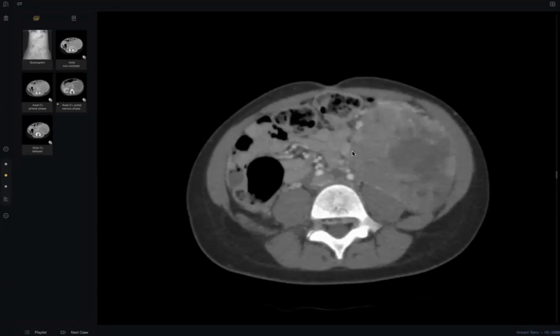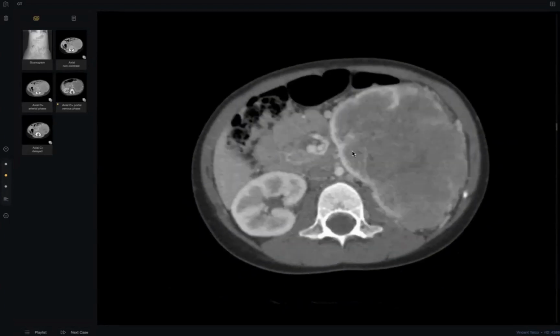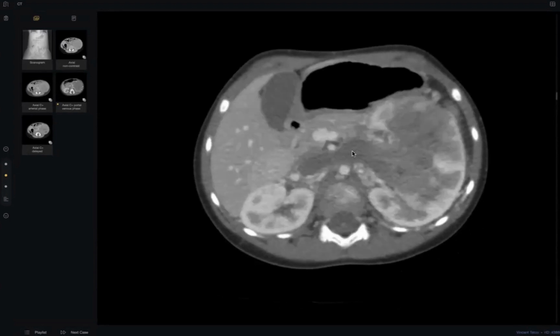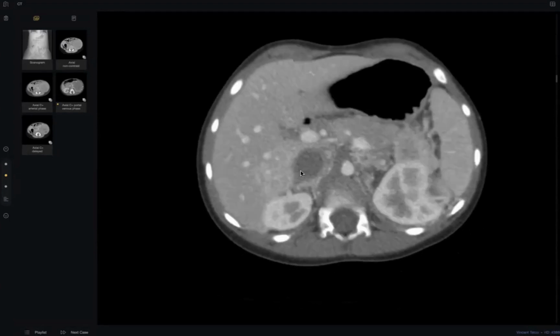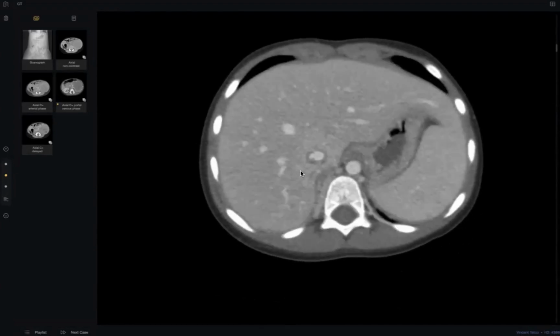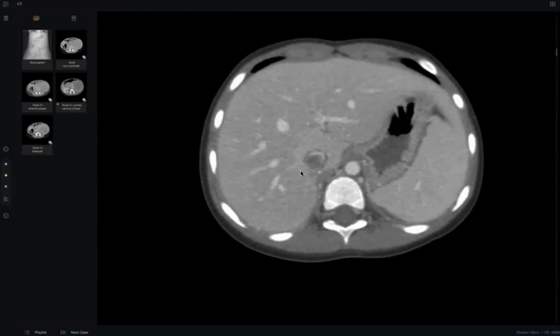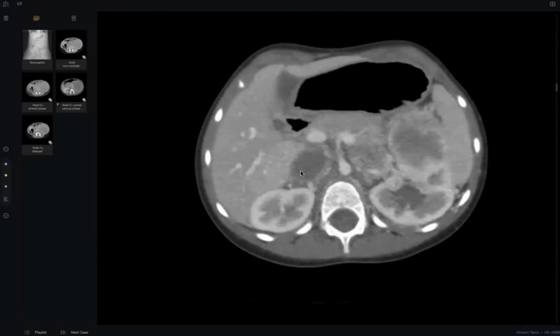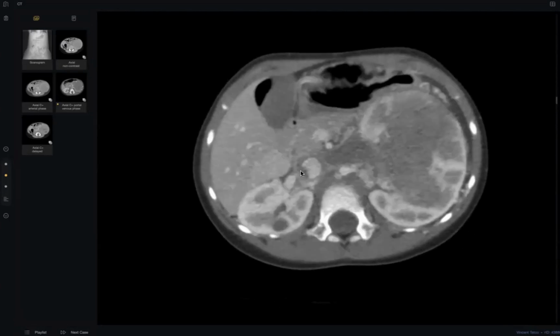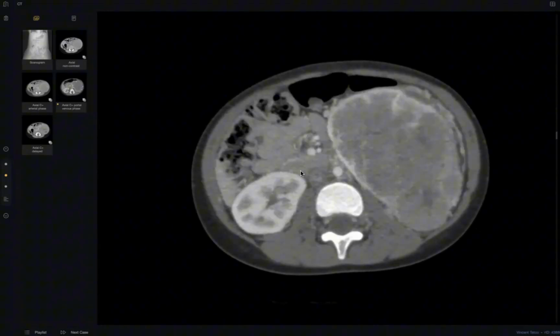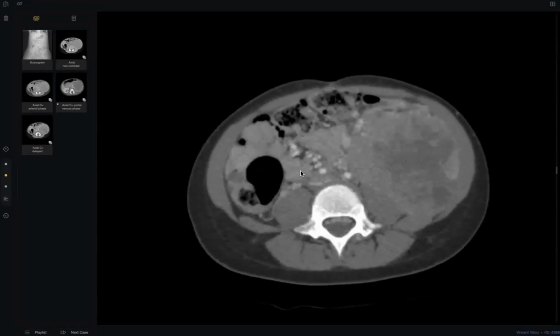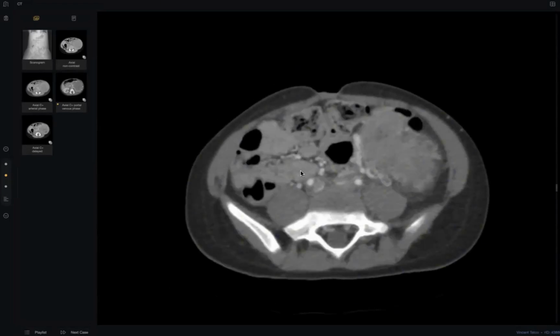Number two, very huge renal vein and IVC infiltration, incredible tumor thrombosis. So it is Wilms tumor.